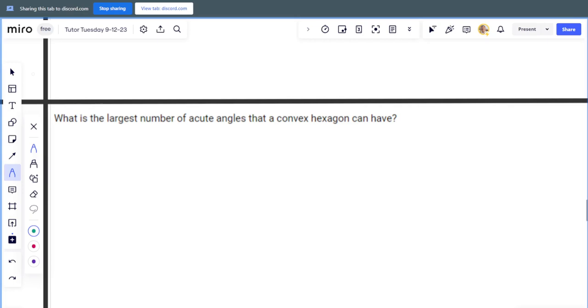Like, what does that problem even mean? Is it not just 6? Well, it's got to be acute angles, right? A hexagon has 6 sides, 6 angles, but it can't just be 6.